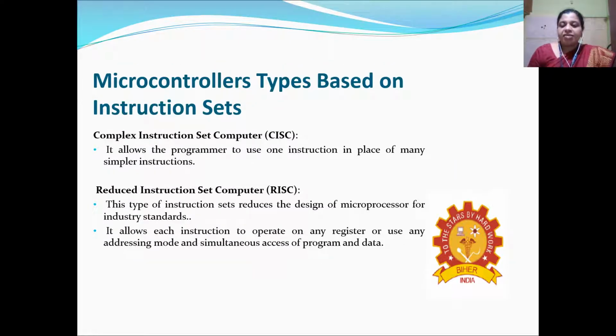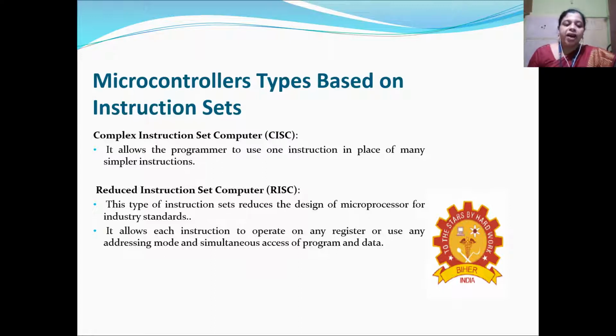Then based on instruction set, we have complex instruction set computer and reduced instruction set computer. In a complex instruction set computer, the programmer is allowed to use only one instruction in place of many instructions. Whereas in a reduced instruction set computer, the main purpose is to reduce the design time for the microprocessor or controller.